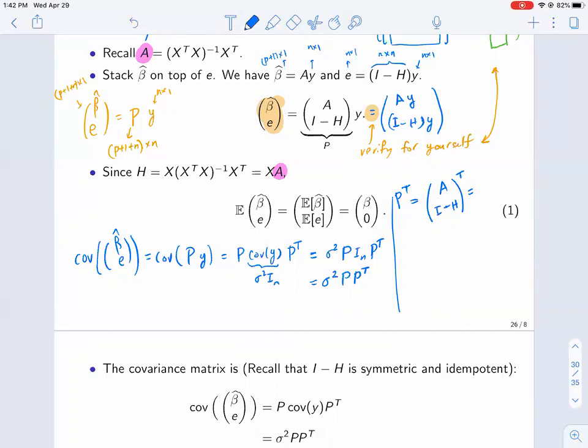A transpose, and in the same row the second column is I minus H transpose. Great. You treat them as if these are two numbers. So you transpose the column vector, it becomes a row vector. But then you also have to transpose the entries, because the entries are actually not scalars, they're matrices. So you get this.